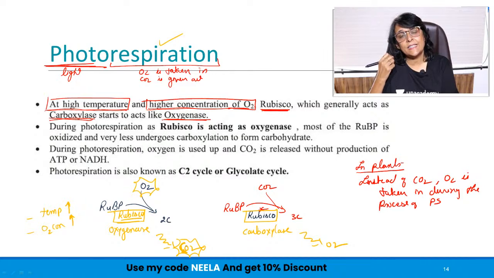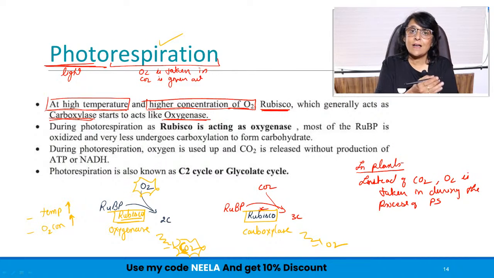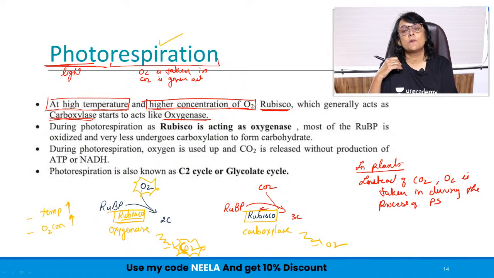So can we say that whatever is done in the process of photosynthesis is undone in photorespiration? So photorespiration is a harmful process because the carbons which are fixed by the process of photosynthesis are released slowly. Fixed carbon is being given out, and that is why photorespiration is a harmful process.